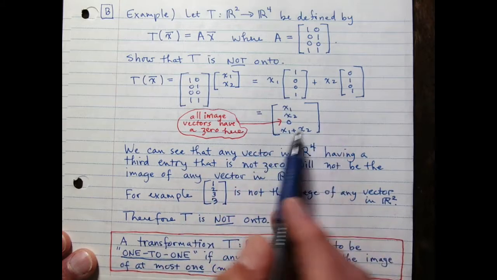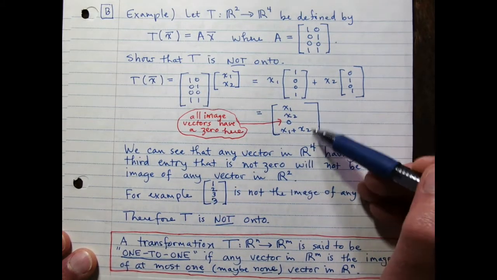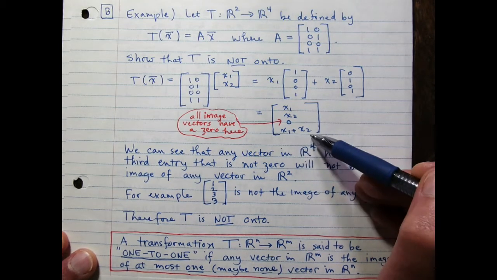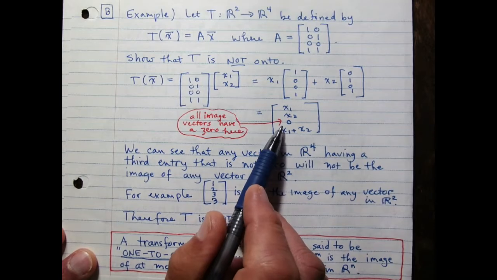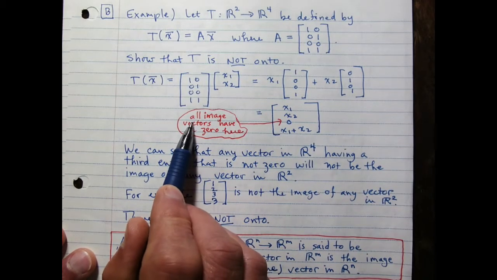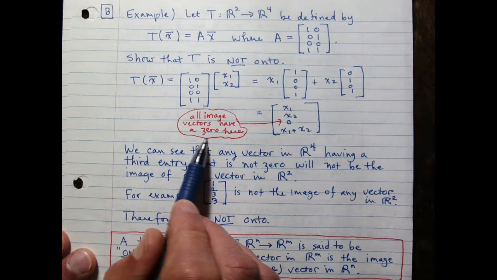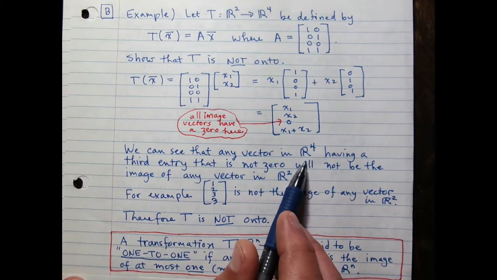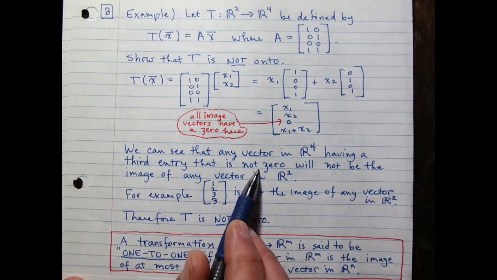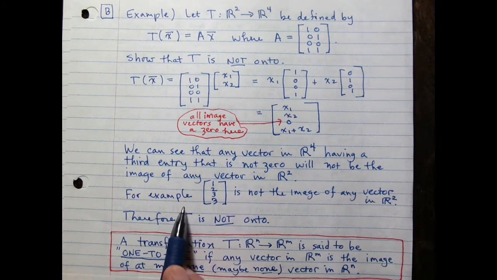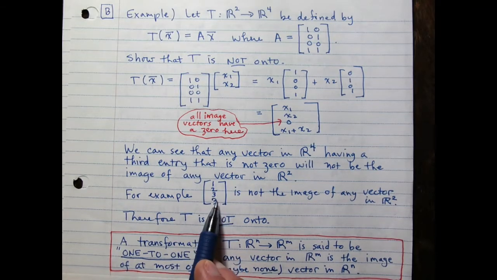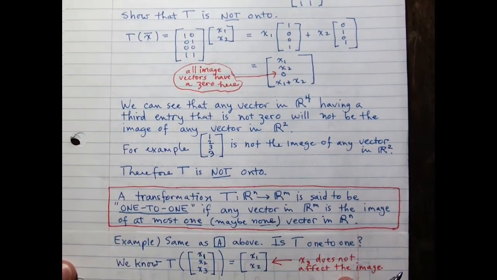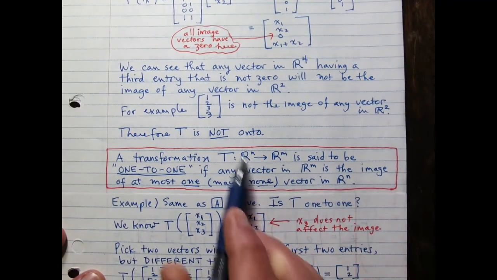So when I multiply this out, I get this vector in R4 in the codomain: (x1, x2, 0, x1 plus x2). And that's the key to see what's going on here, because I observe all image vectors have a 0 in the third component. So any vector in R4 that has a third entry that is not 0 will not be in the image. So for example, (1, 2, 3, 3) is not an image of any vector in R2, and we have shown that T is not onto.